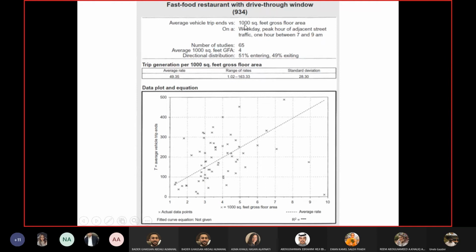The independent variable, the x value, is square feet floor area. Total floor area, you take the square feet of the floor area, 1000 square feet. So number of trips are given for each 1000 square feet. So your x value is number of thousands.